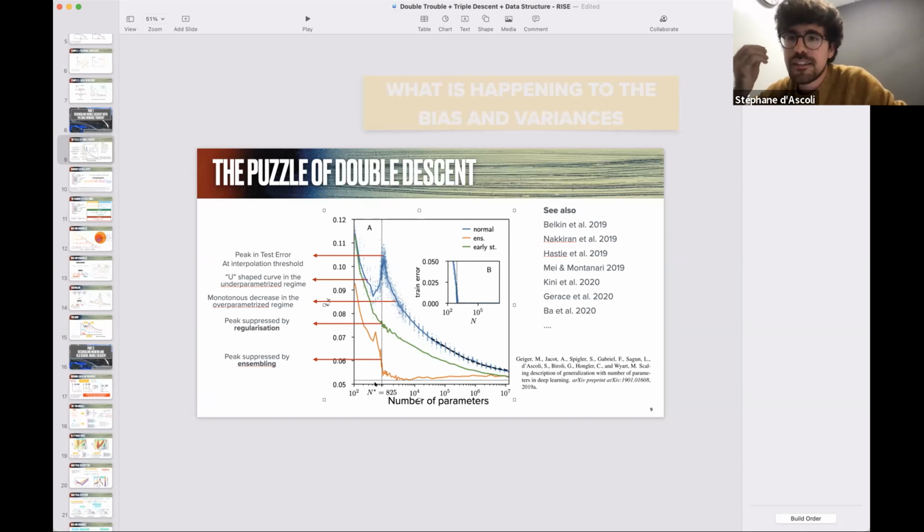The key insight here is that the optimal performance you can get is basically ensembling a large number of models just after the interpolation threshold. That's where you can get the best efficiency in terms of scale of your model, basically the best computational cost to error ratio.